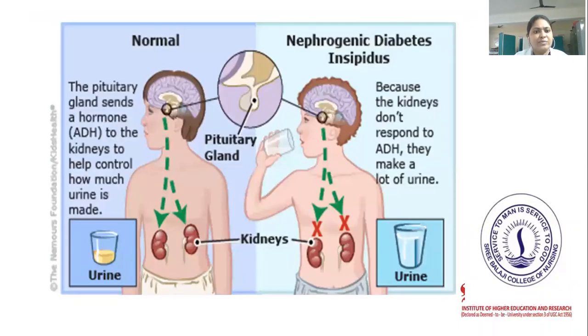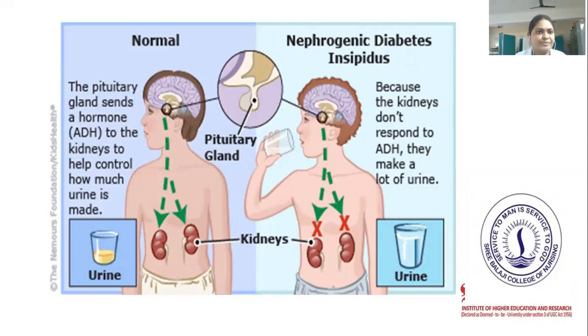So you can see in this picture, the pituitary gland sends a hormone called antidiuretic hormone to the kidney to help control how much urine is made. Normally, the pituitary gland sends the antidiuretic hormone, and this signal tells the kidney how much urine to secrete.